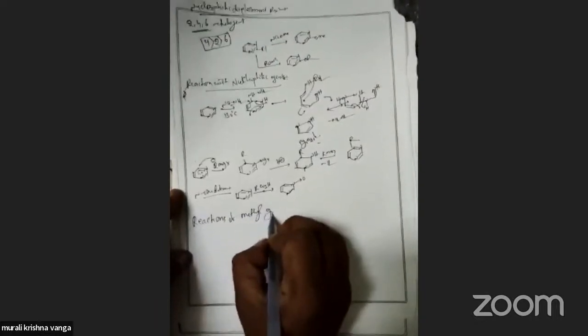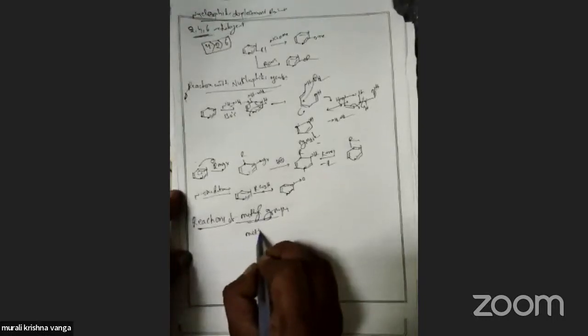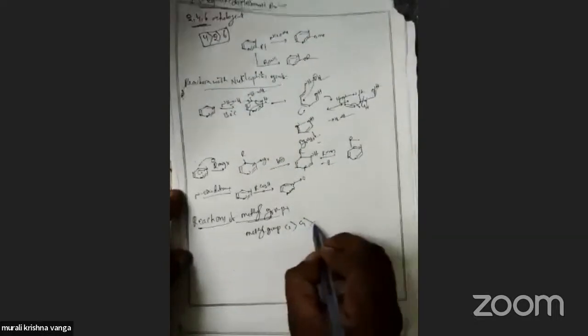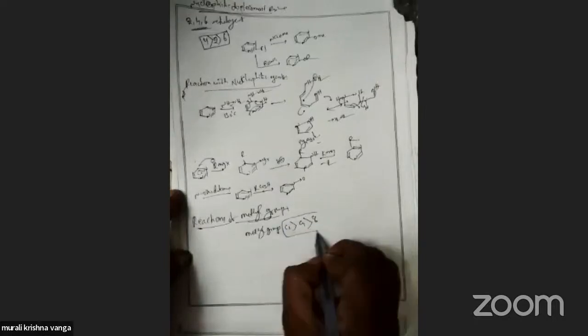Next, reactions of methyl group. The methyl group at C2 is more reactive than C4, then C6 positions.